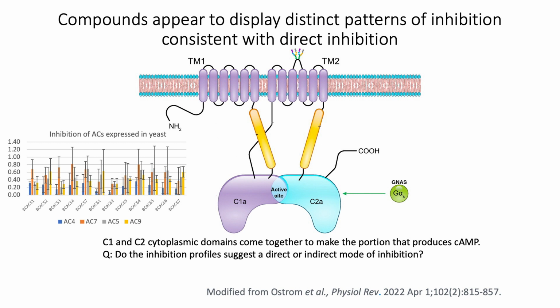So it's not a very good inhibitor. 51 is not a very good inhibitor of cyclase 7, whereas if you look at 67, it's probably better on cyclase 7 than it is on cyclases 5 and 9. So this kind of specificity might suggest directness.